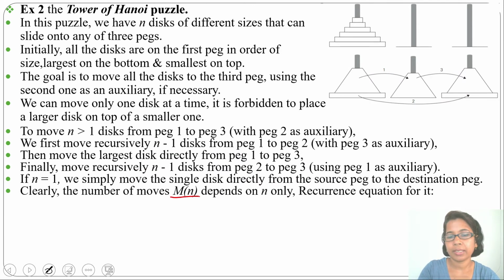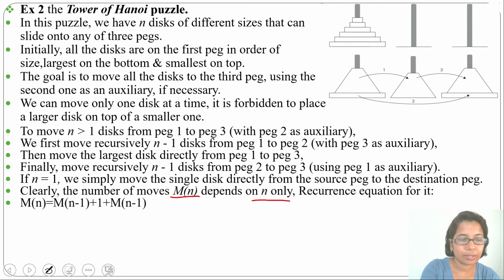If you want you can write it as T(n), and it depends only on the number of disks, or you can say it depends only on n. So we can write the recurrence relation M(n). M(n) means the number of moves required for n disks equals M(n-1). M(n-1) is for moving n minus 1 disks from peg 1 to peg 2.